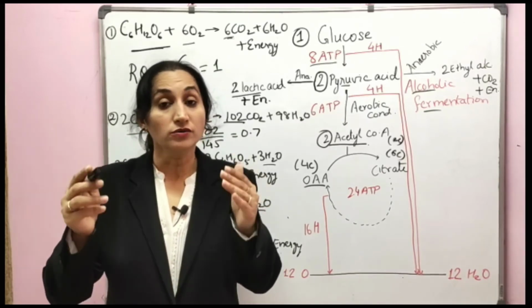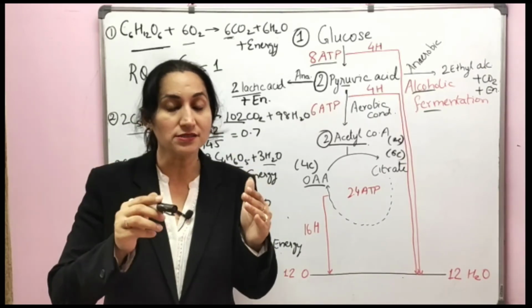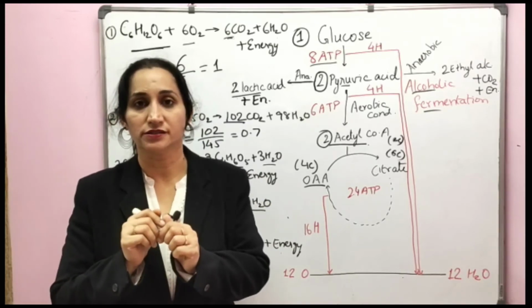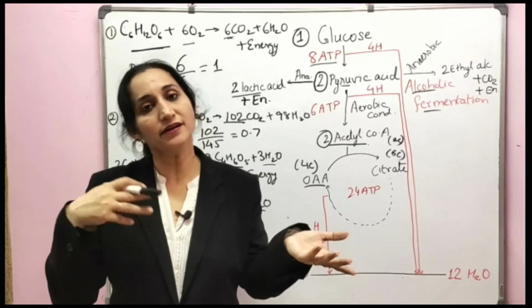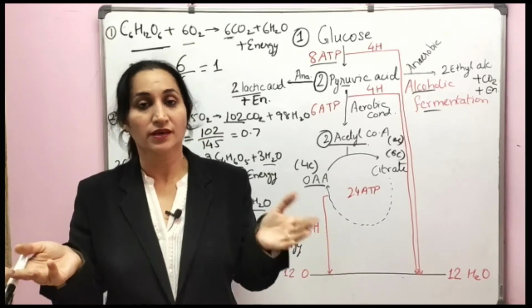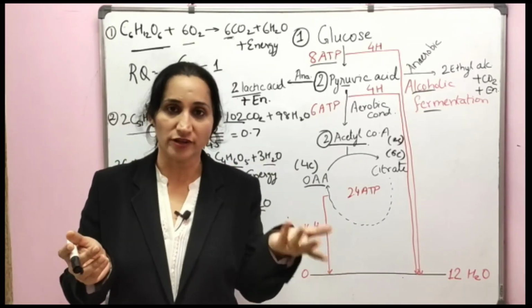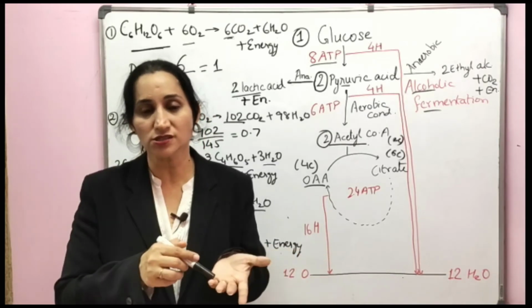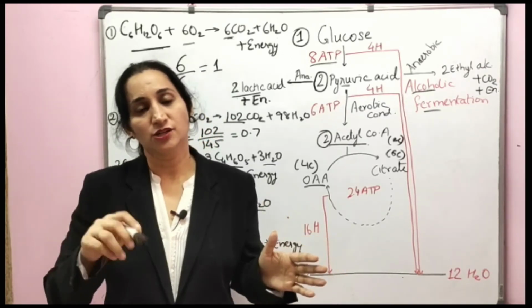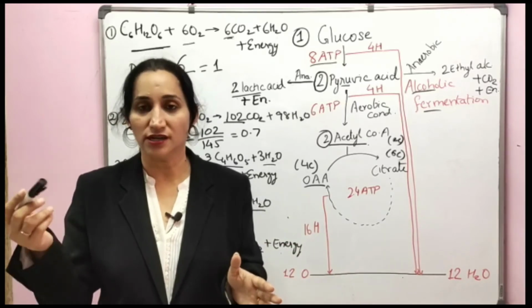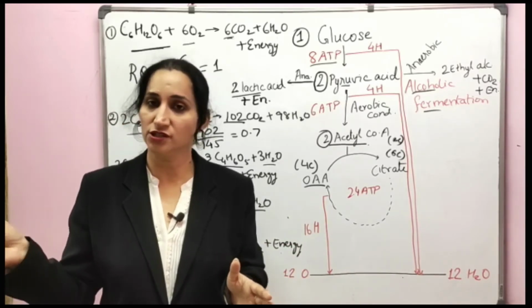Right. Now on the basis of presence or absence of oxygen, again respiration is divided into aerobic respiration and anaerobic respiration. In case of aerobic respiration, oxygen is being used and glucose or carbohydrate is fully oxidized into carbon dioxide and water with the release of energy.